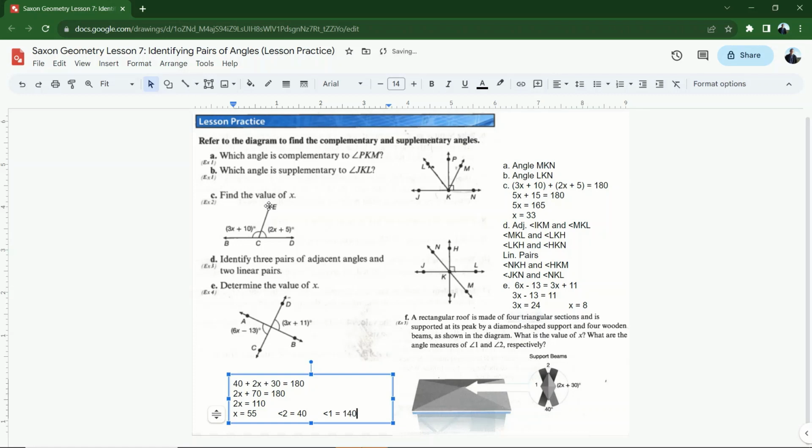I'll put a degree sign here because these are actual angle measures. The value of x is not an angle measure, but these are. The other way to do that is to note that if 2 is 40 degrees, then 1 must be its supplement, so it has to be 140 degrees.